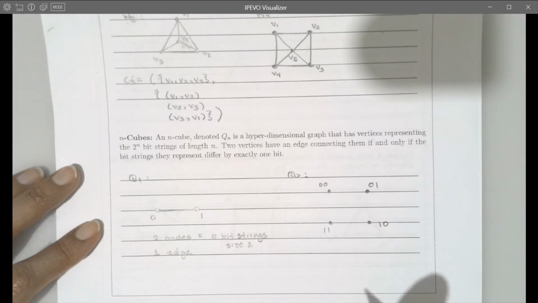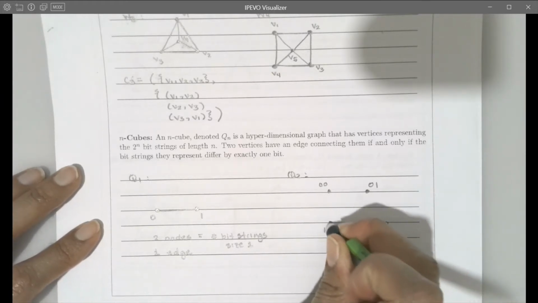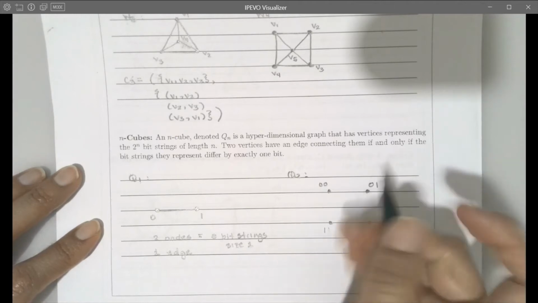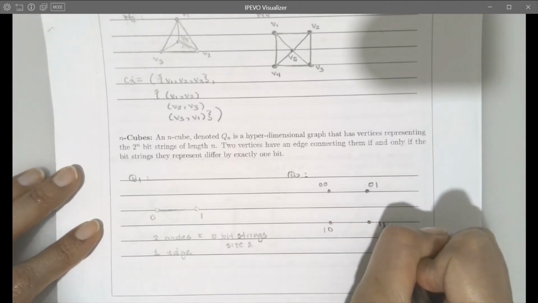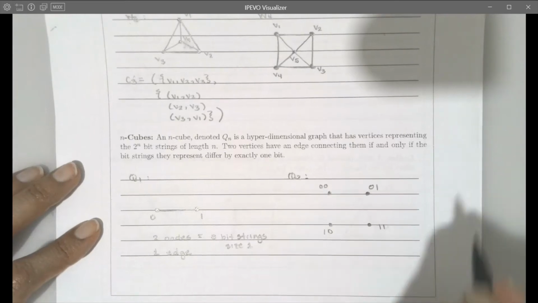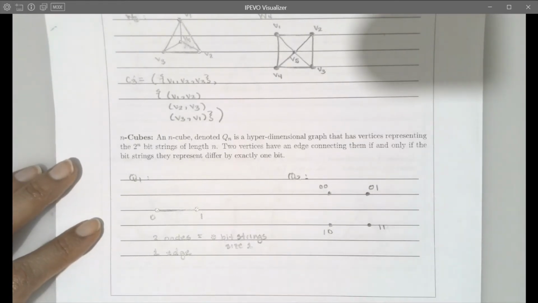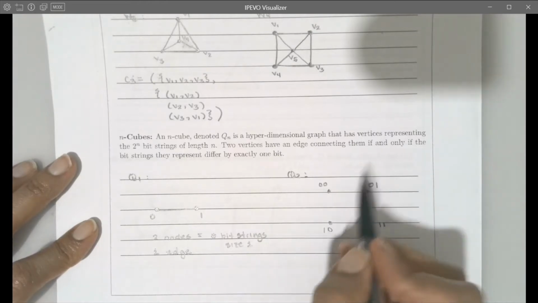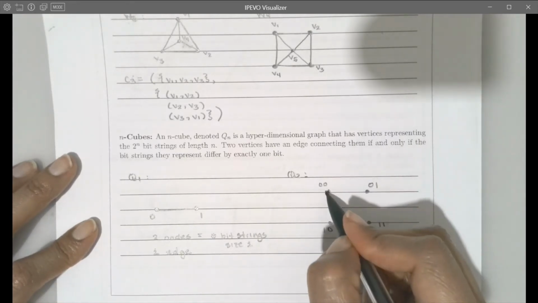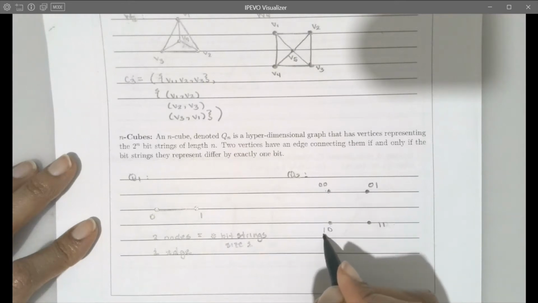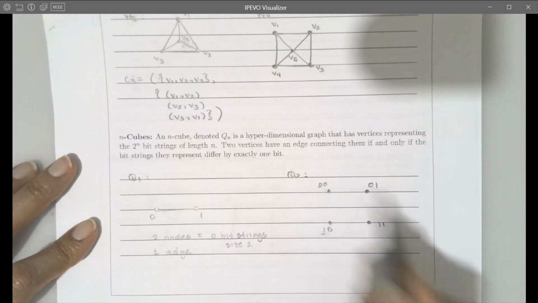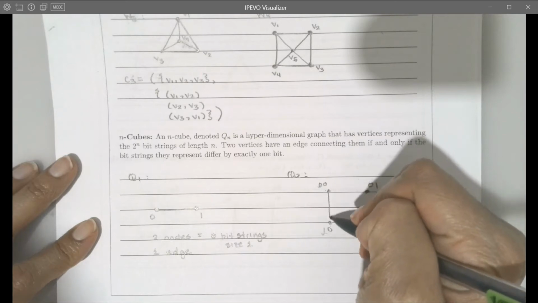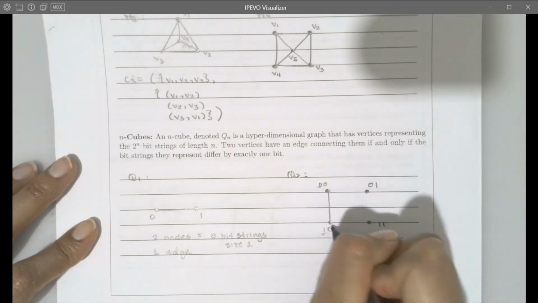And I'm actually going to draw this a little bit differently. I'm going to go ahead and take the 1, 0 and place it here, and the 1, 1 place it there. Now the reason being is that we're going to draw edges between 2 bit strings if and only if they differ by exactly 1 bit. Because 0, 0 differs by exactly 1 bit with 1, 0, it differs in the first bit, there's going to be an edge connecting those two.